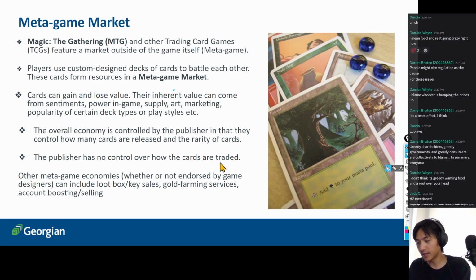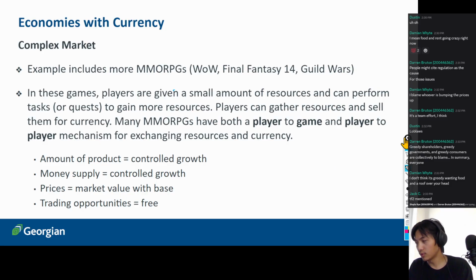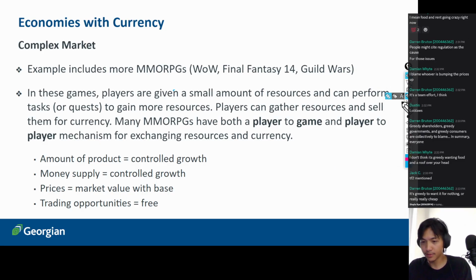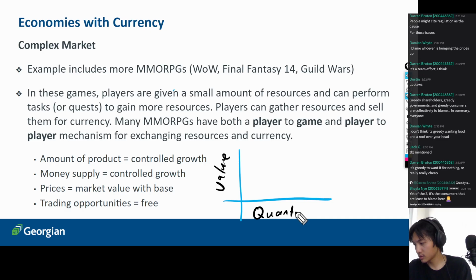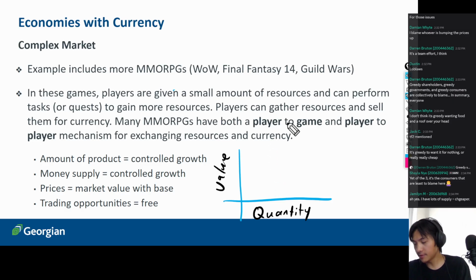A lot of that is based on supply and demand. So there's one more concept I'd like to bring up, which is supply and demand. When you have supply and demand, it affects value. If you have a lot of something, then the value will generally decrease.